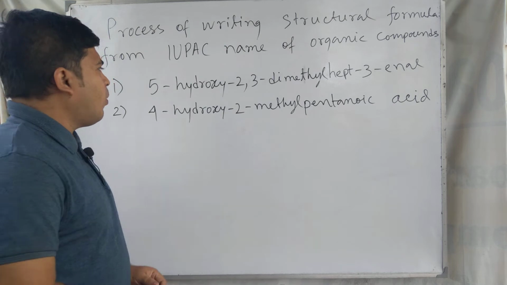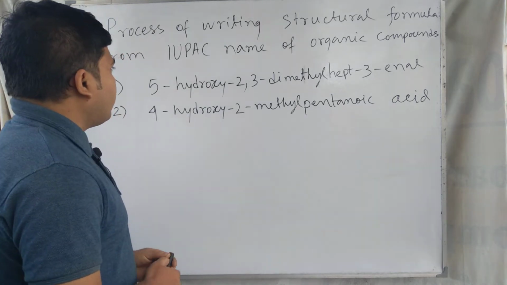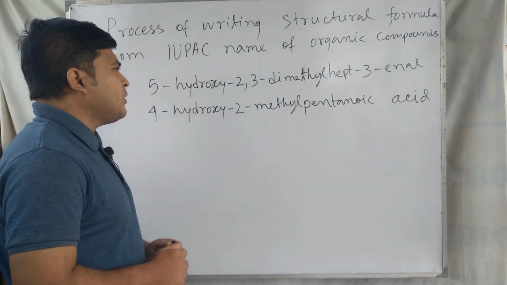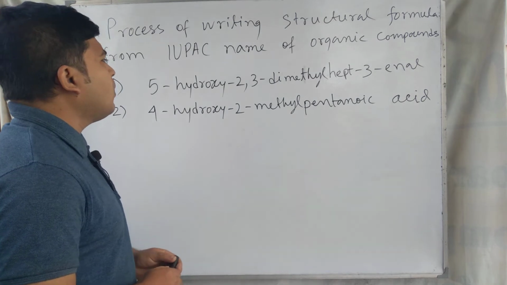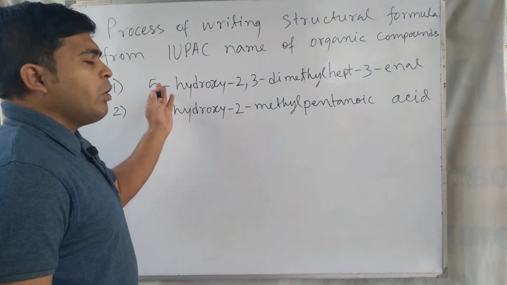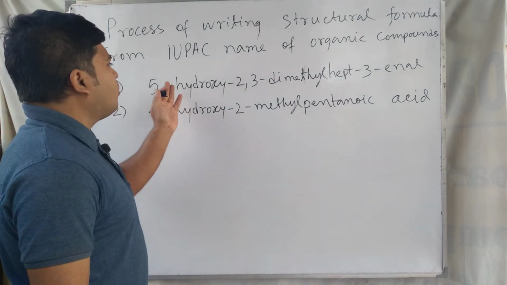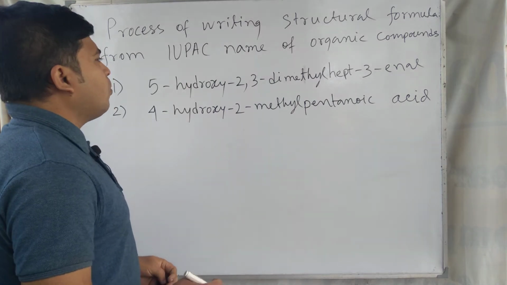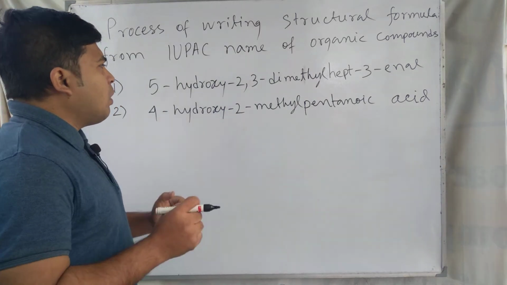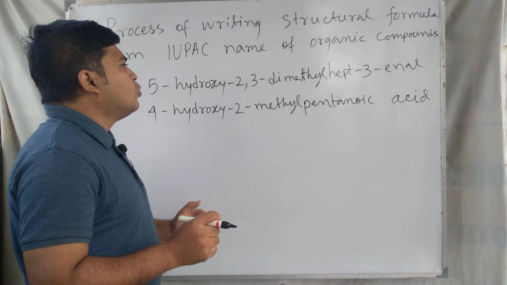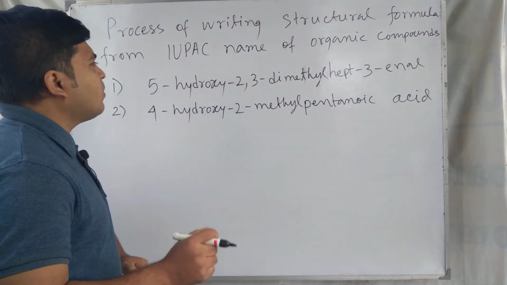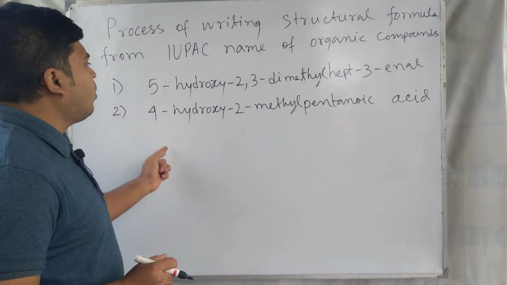This is the IUPAC name of an organic compound, so we have to understand the process for writing the structure of this organic compound. Right now we learn how to write the structural formula of this compound.